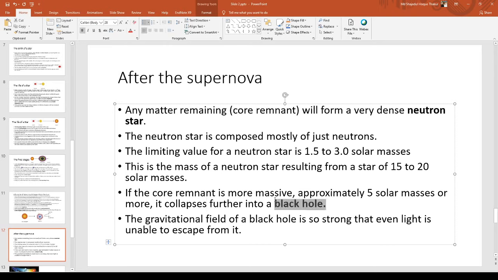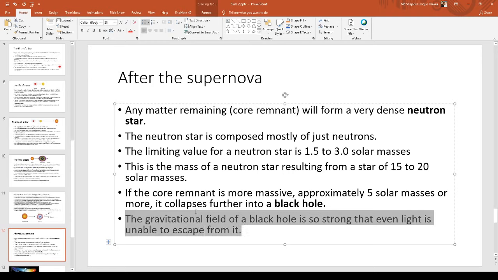Black holes are the biggest gravitational fields of all time. There is no gravitational field stronger than a black hole in the entire universe. They attract everything. Read this line with me: the gravitational field of a black hole is so strong that even light is unable to escape from it.